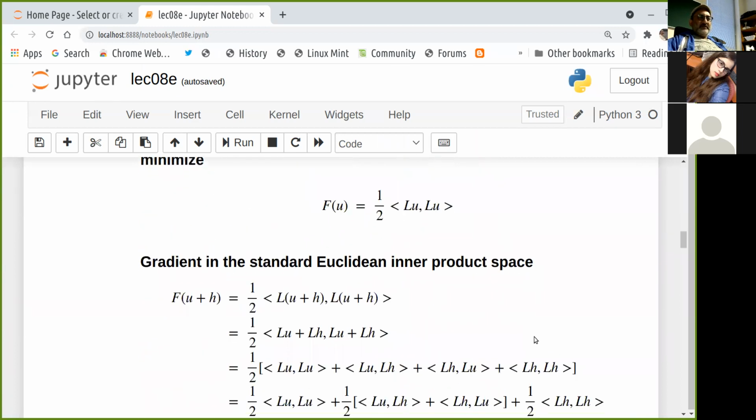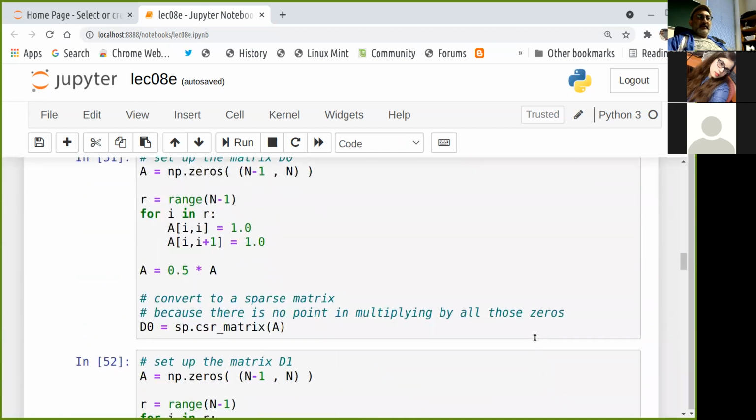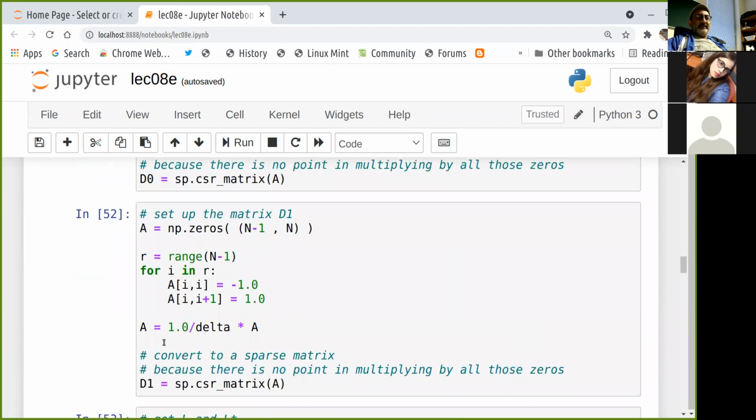I change those zeros to 1s and minus 1s. And then I should divide by delta. Okay, so that sets up D1 in the format that I've shown you before as a dense matrix. I don't want to store that as a dense matrix. I want to do all my calculations using sparse matrices.